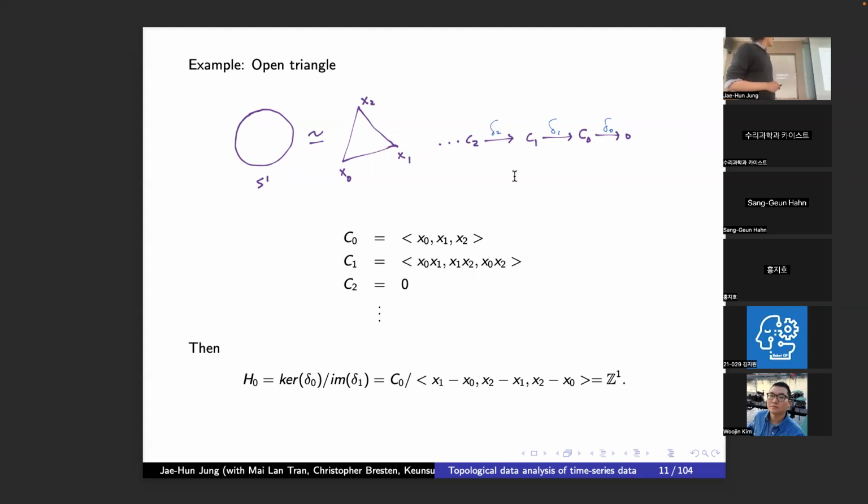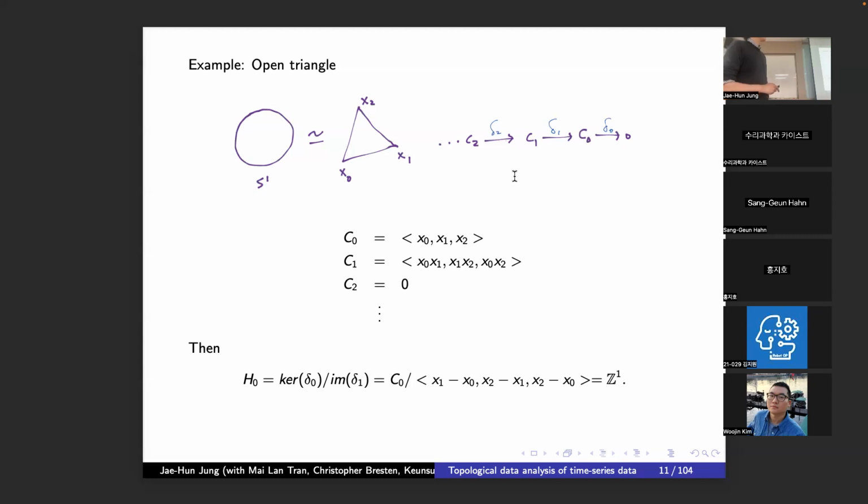C0 is composed of x0, x1, x2. By definition, the boundary on C0 becomes 0. Then C1 is composed of these edges, x0 x1, x0 x2, and so on. Since the triangle is open, we don't have a C2.